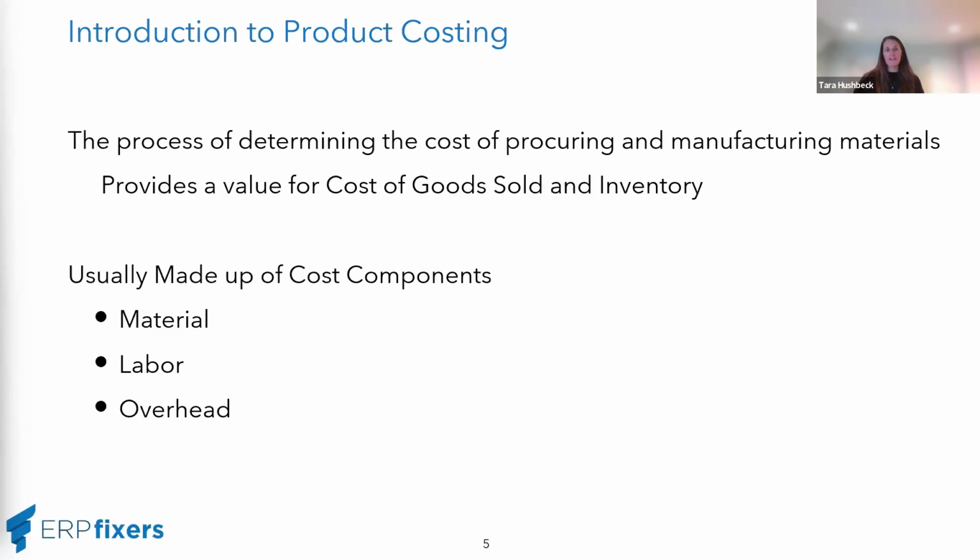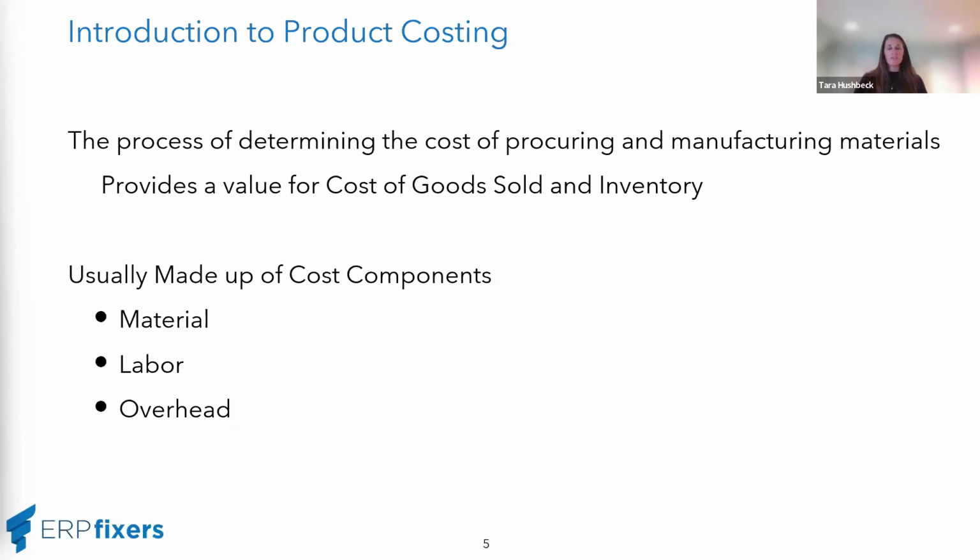I'll jump right in with an introduction to product costing. It's the process of determining the cost to manufacture or to procure your products. Product costing gives you a value for not only your cost of goods sold, but also your inventory as it stays on hand. Typically, your costs are made up of cost components. I have a few here: material, labor, overhead.